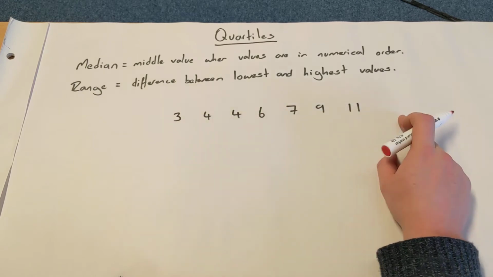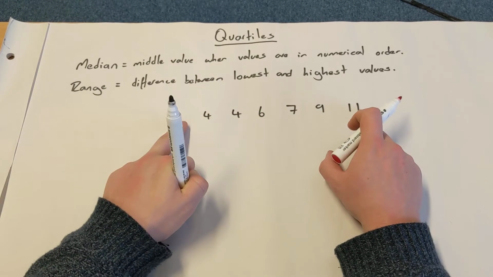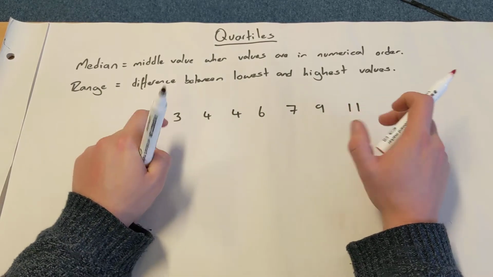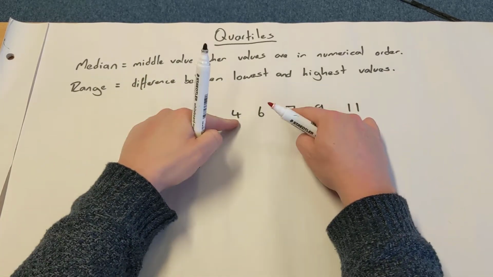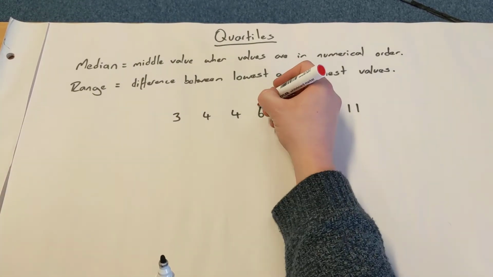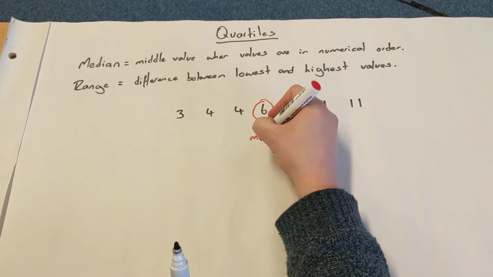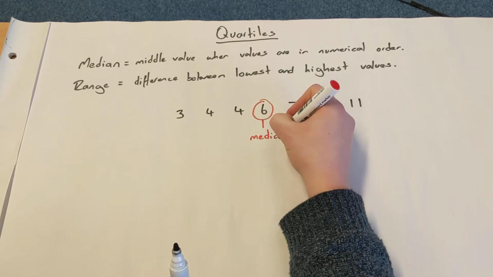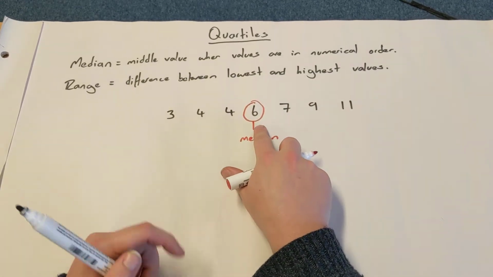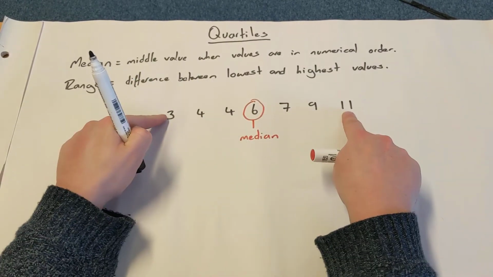These are already in numerical order, and we've got 7 of them. So if we count in from the edge, the middle value here is 6. So that is your median. And that's basically what splits it in half.